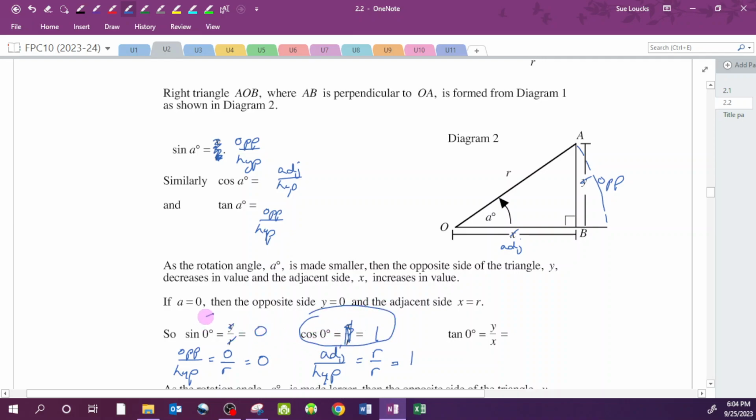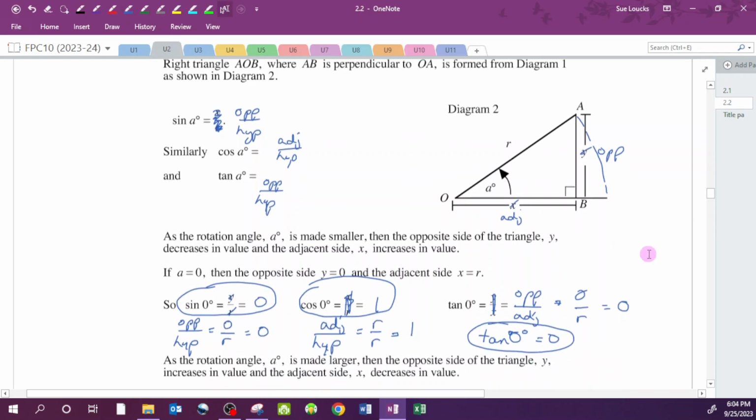Sine of 0 is 0. And the tangent is going to be the opposite over the adjacent. The opposite is going to get closer and closer to 0, and the adjacent is going to get closer and closer to r, and that equals 0. So tan of 0 degrees equals 0. You should be able to figure those out by using that logic.